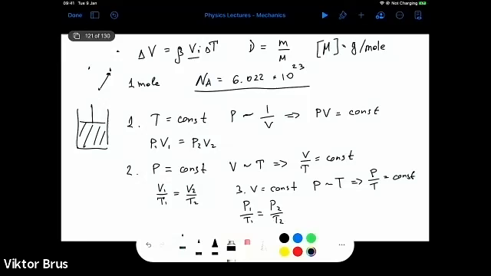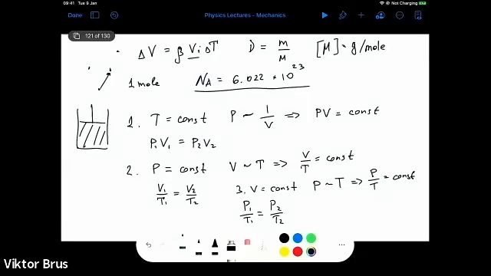So all these three relationships which we considered already can be very helpful to solve a wide range of problems which are related to ideal gas. So very useful and simple.